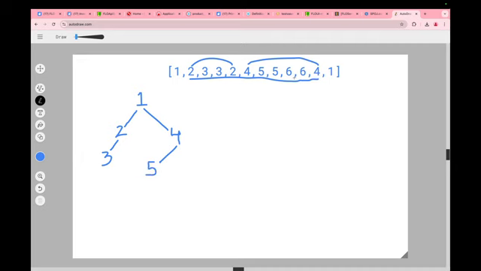Again, if you see the 6, 6 is directly wrapped under these 4s. So the parent of 6 is 4. Okay, so this is how we can build a tree based on the given input.